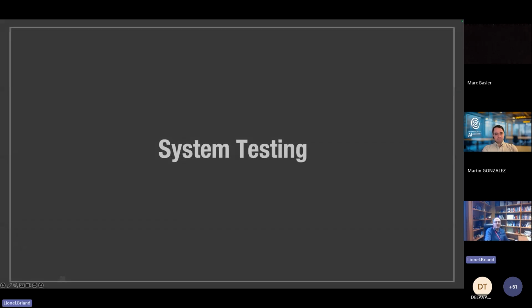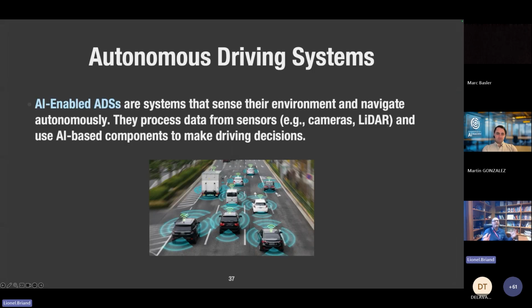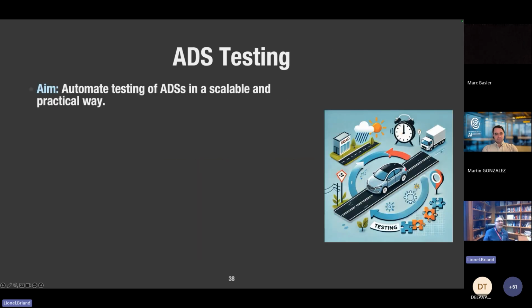So anyway, I was talking about model testing. Let me go a little bit through autonomous driving system testing, using as examples autonomous driving systems. You all know what they are. So the problem with ADAS testing is, how do we automate testing in a scalable and practical way, as you can imagine.